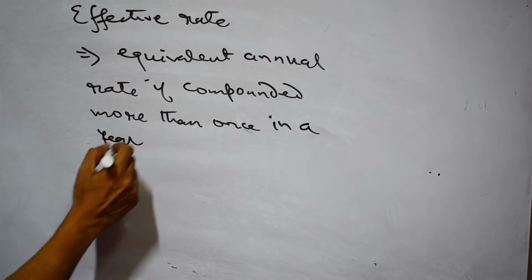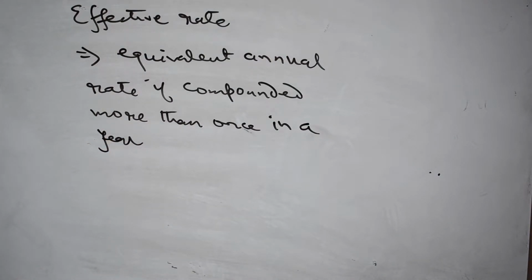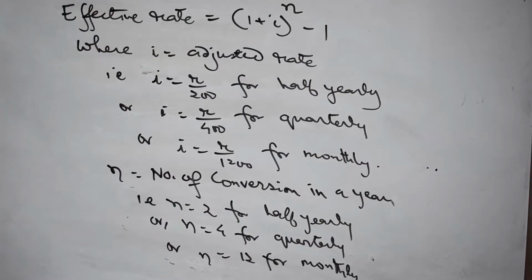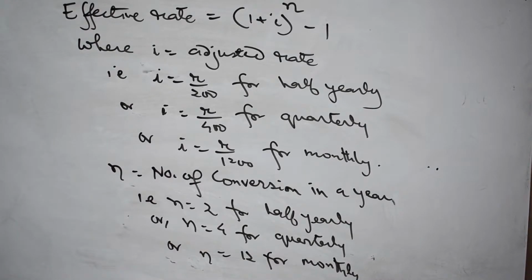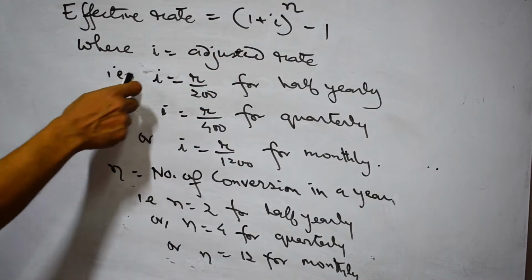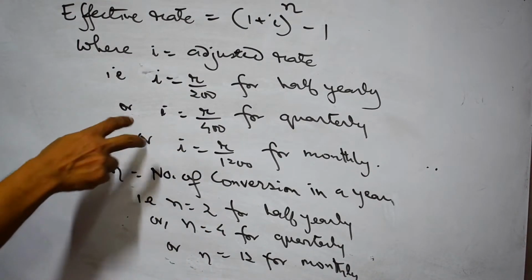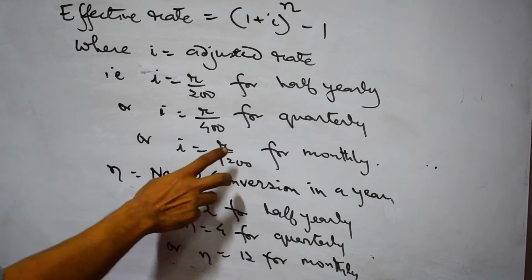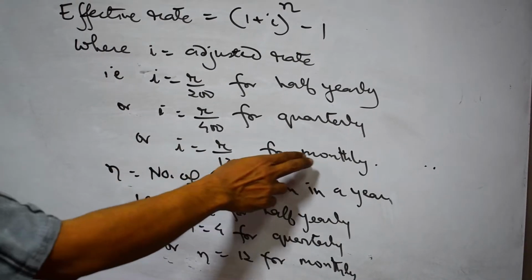Then we want to know how much rate will be for 6 months, 3 months, 4 months mode of payment. So we have a formula for finding effective rate. Effective rate is equal to 1 plus I whole to the power n minus 1, where I is the adjusted rate. Adjusted rate means for half yearly I will be R by 200, for quarterly R by 400, and for monthly it will be R by 1200.